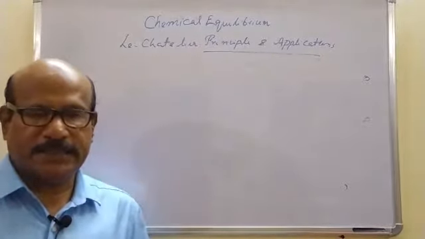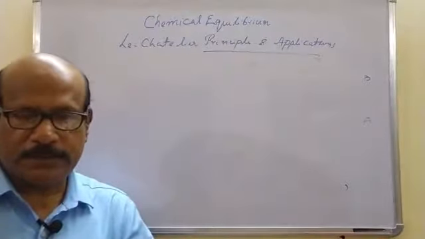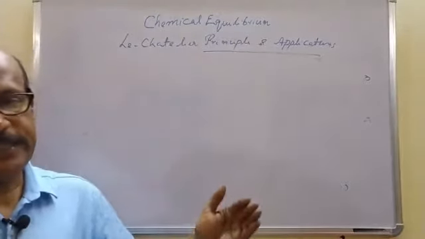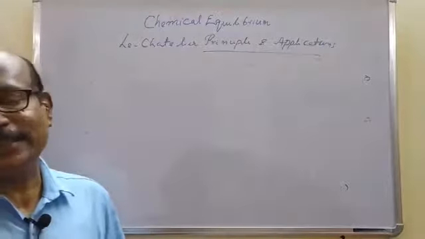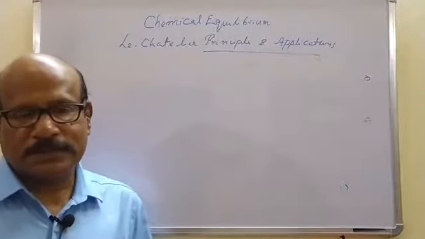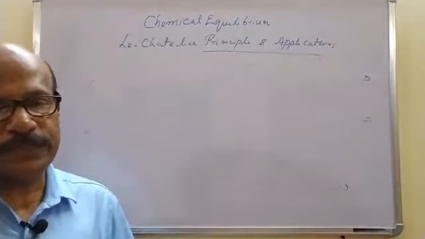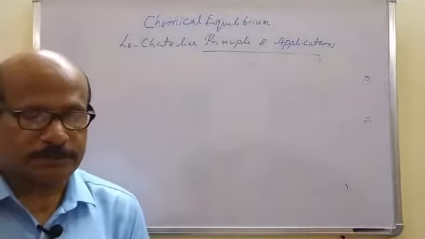The side with the greater number of gaseous moles has greater pressure, and the side with fewer moles has lesser pressure. Suppose we increase the pressure in such a system. The system will shift the equilibrium in the direction of fewer moles or lesser pressure.